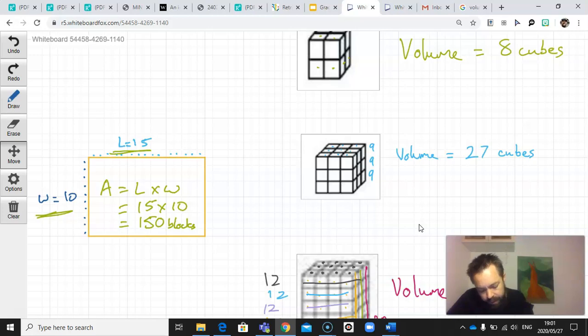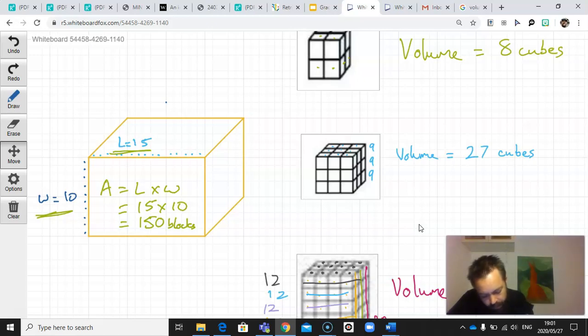What's happening over here is that we're adding a third measurement. And so what we do here is we look to see what our third measurement is.